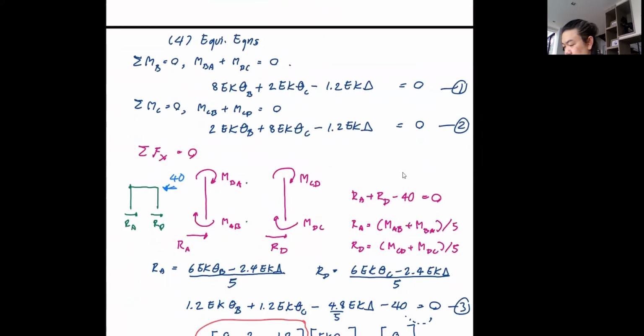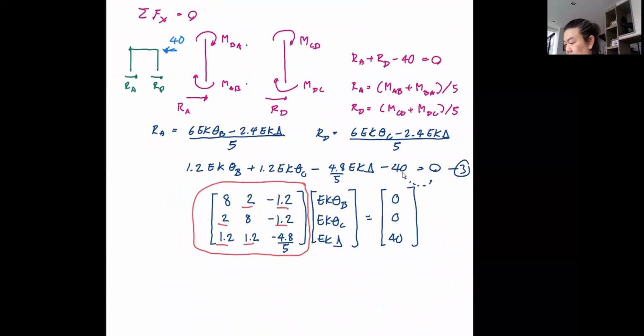So there you have it. 6 EK zeta B plus 2.4, divided by the length, because you take moment at B, and the same goes for RD. Remember that these are based on the direction to the right positive. So in the end, I can construct my third equilibrium equation, the last one, by this plus this minus 40 equal to 0.